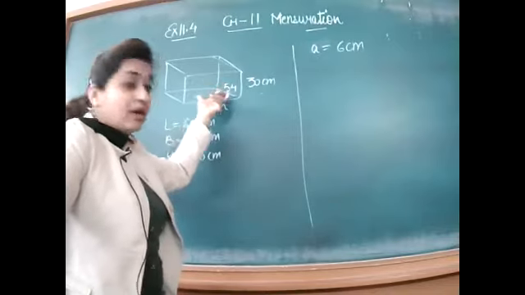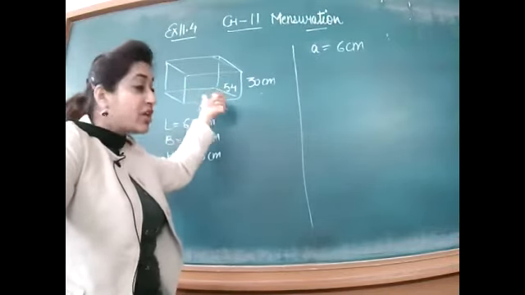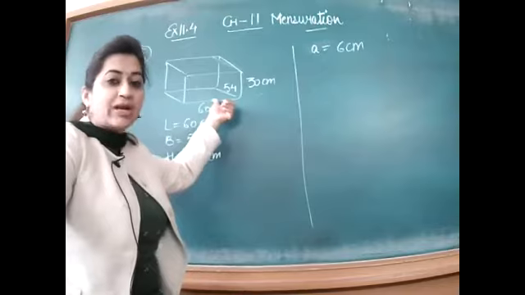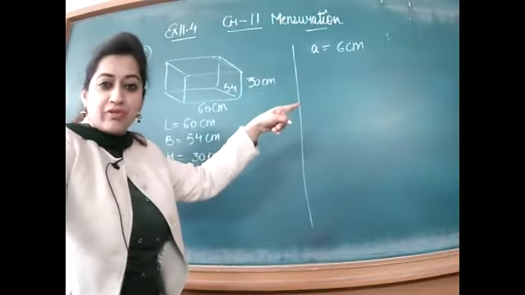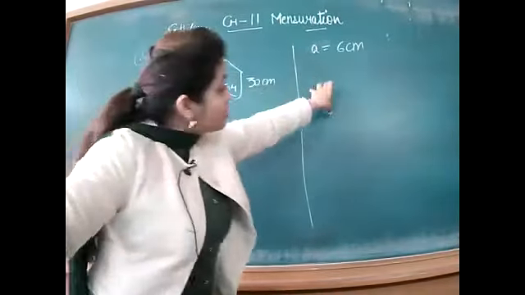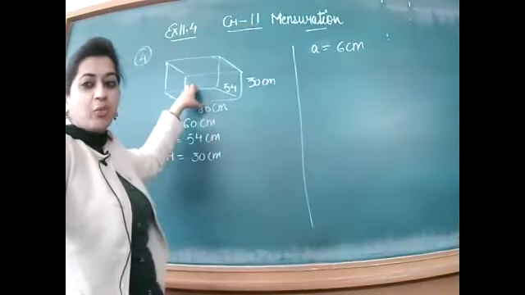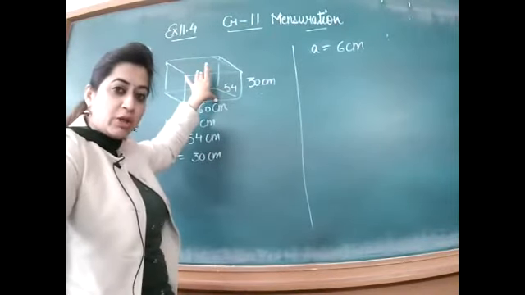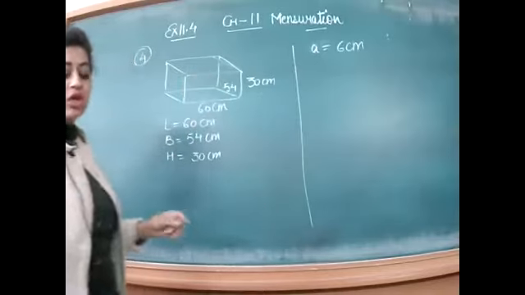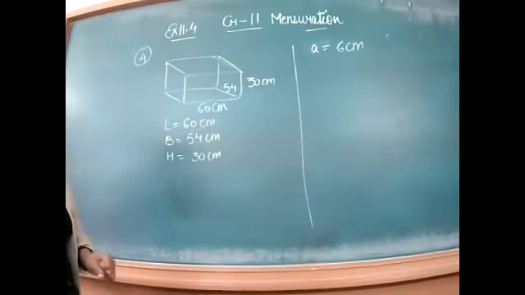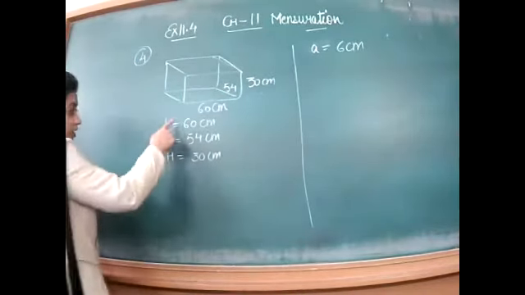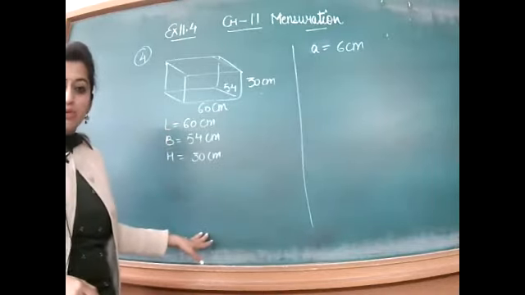Because the cuboid is the larger one and the cube is the smaller one, and this cube we are placing inside the cuboid. So we will divide the volume of the cuboid with the volume of the cube. That will give you the number of cubes. So no need to find the volumes separately.